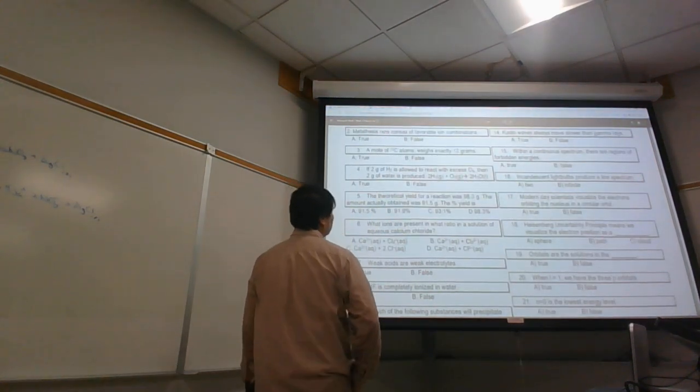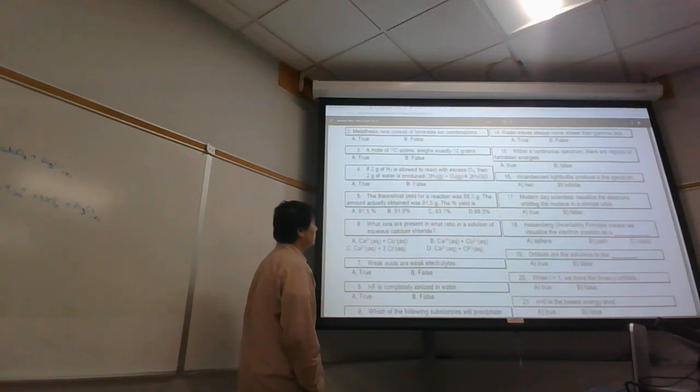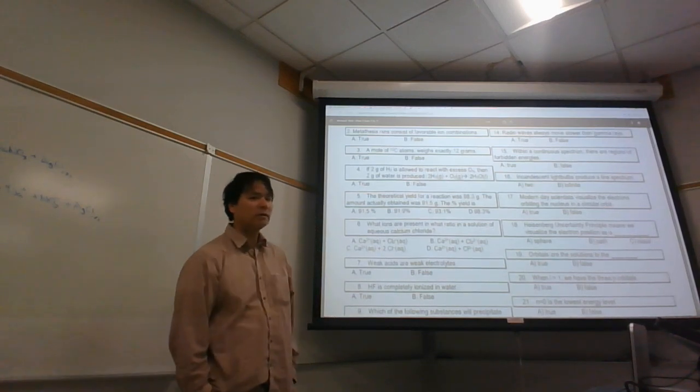The theoretical yield for the reaction was 98.3 grams. The amount actually obtained was 91.5 grams. The percent yield is, can you calculate that?